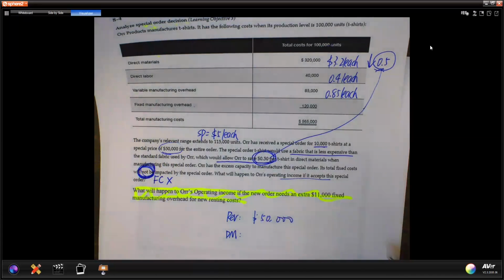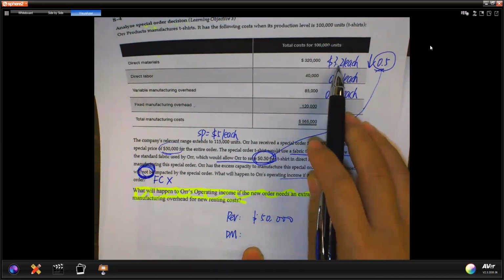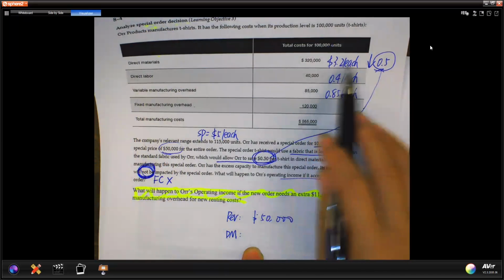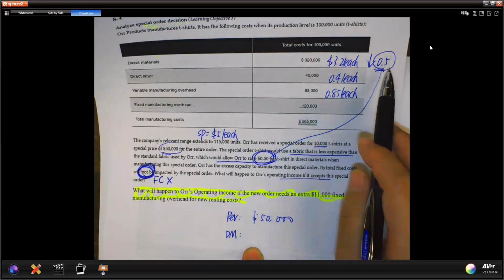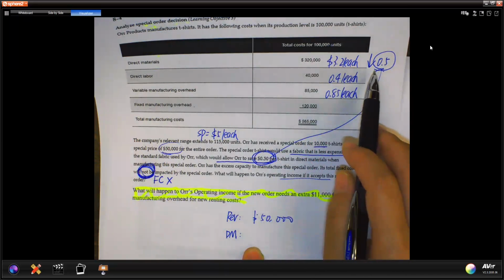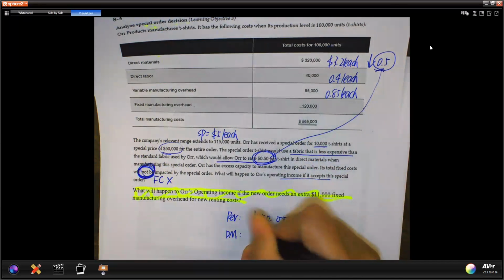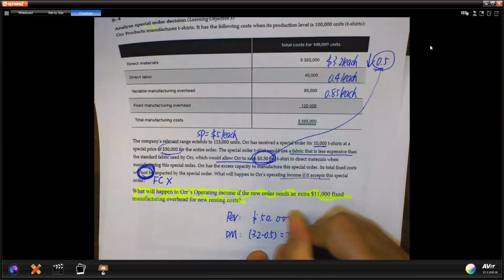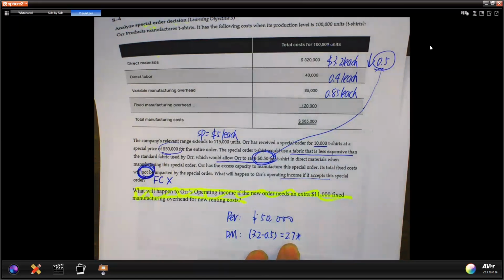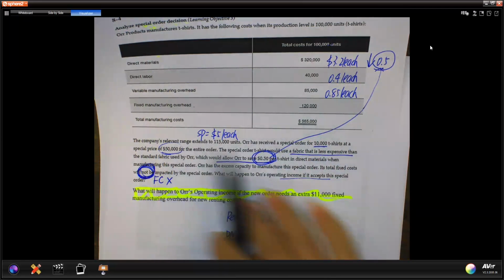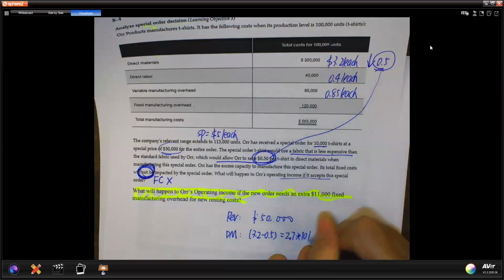The incremental direct material will be your original 3.2 minus your 0.5, so that gives you 2.7 for each. And then you are making 10,000 units, so that gives you $27,000 as your direct material. Okay, I hope you follow that.